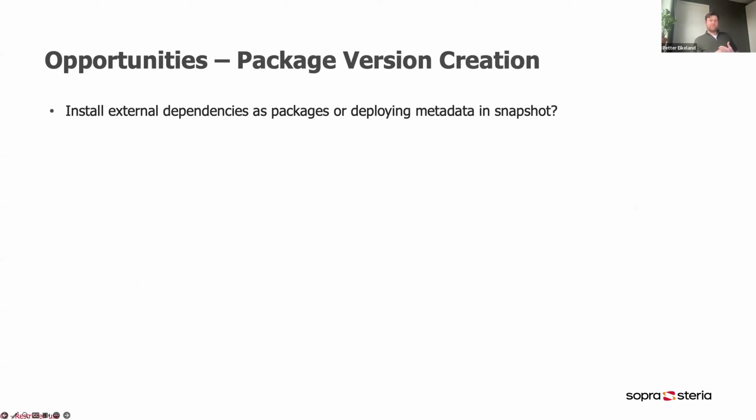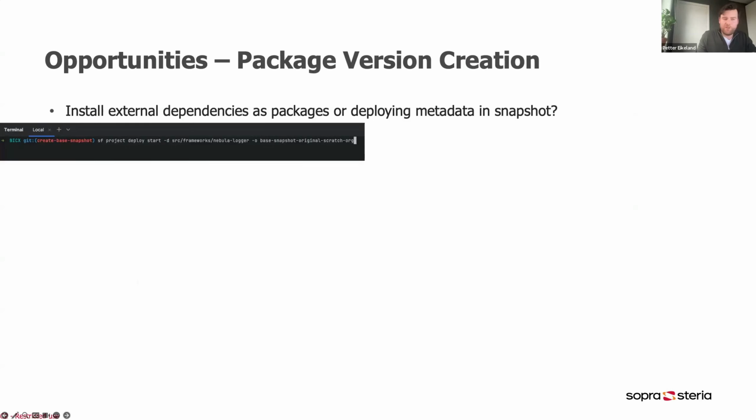One question that I asked myself is, well, we have defined dependencies as not only managed packages or package versions. Some of our framework packages, for example Trigger Actions Framework and Nebula Logger, we maintain ourselves.